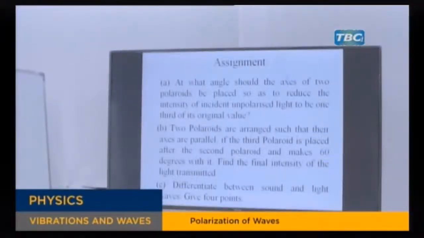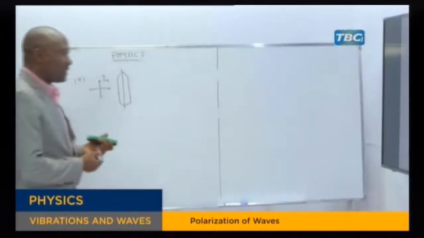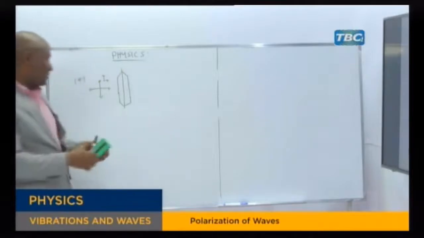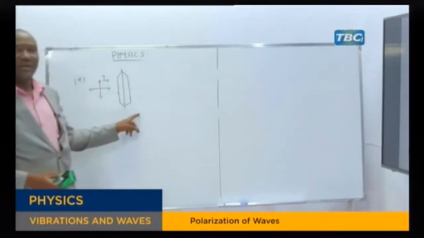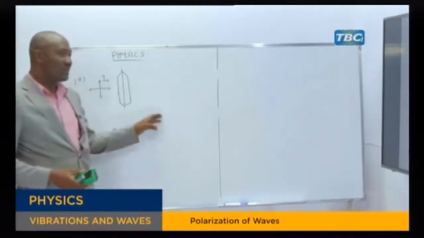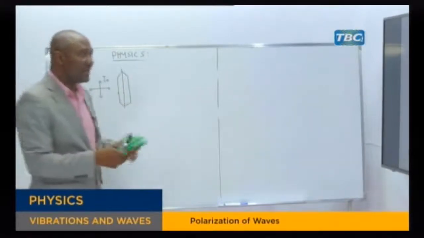It means it has vertical and horizontal components. And we know that this cannot be horizontal. If it's horizontal, the two axes will be at right angles and the intensity will be 0. It means there must be an angle somewhere here.